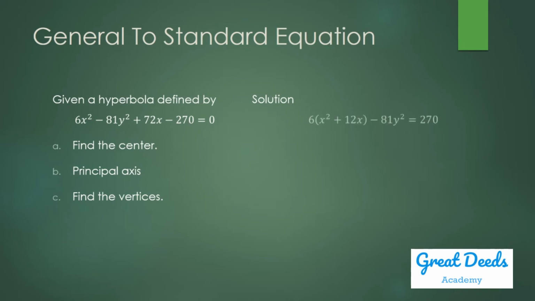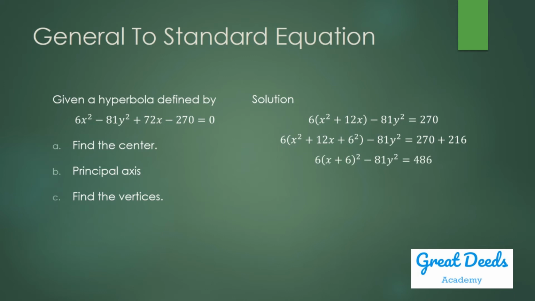So this is how we begin. We factor out 6 from 6x squared plus 72x. And then this is where completing the square will come in. We will divide 12 by 2 and then we will square it, 6 squared. And then we will add 6 times 36 to 270, and that is equal to 486.